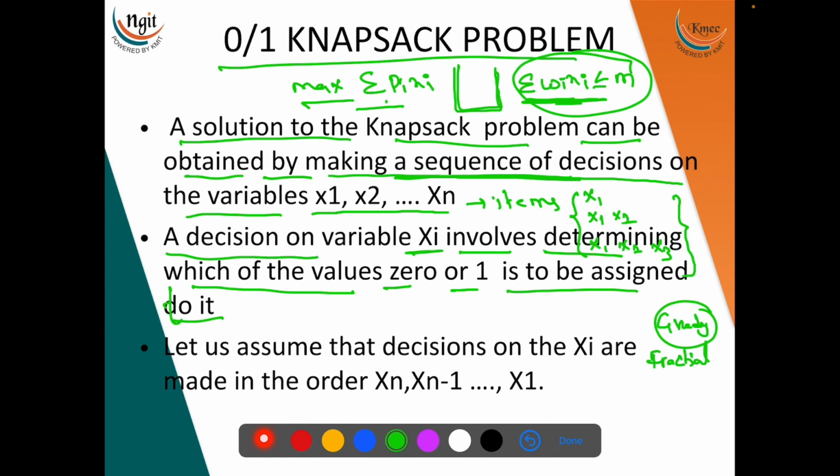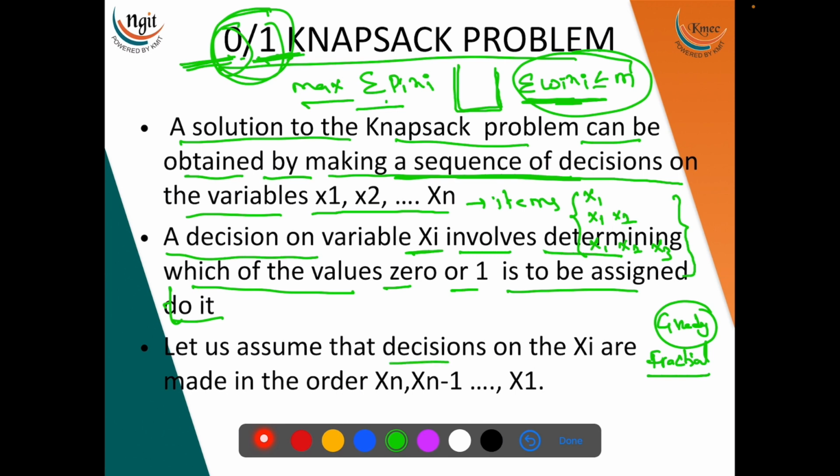In the greedy method, that was the fractional knapsack problem, where we could take even a fractional part of the item. But in the 0/1 knapsack problem, when applying dynamic programming, you cannot take a fractional part. You either keep the item or you do not keep the item in the container. That's what we represent with 0/1: the item can be placed, or the item may not be placed.